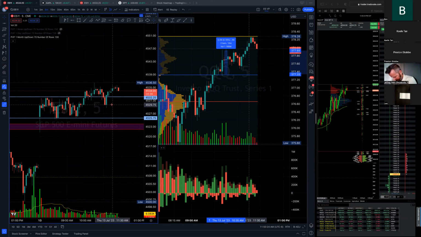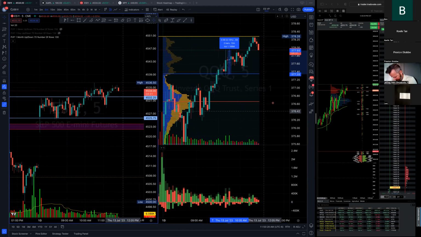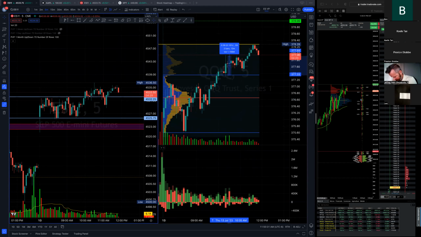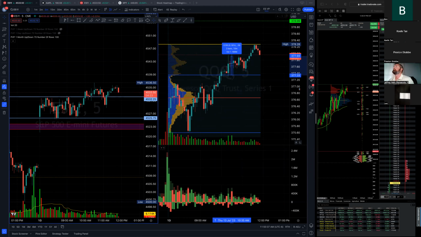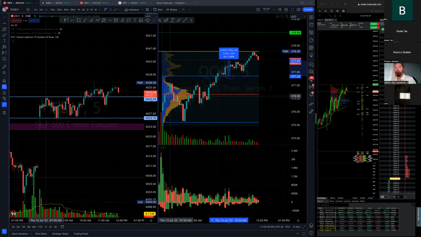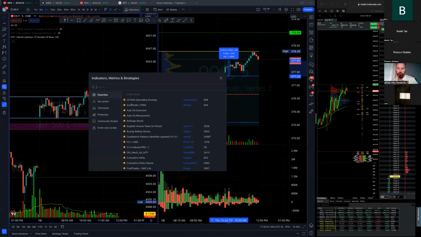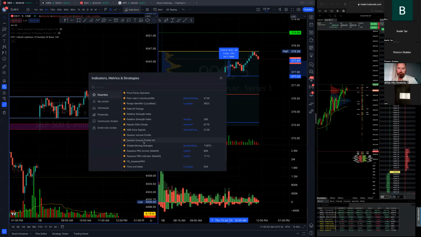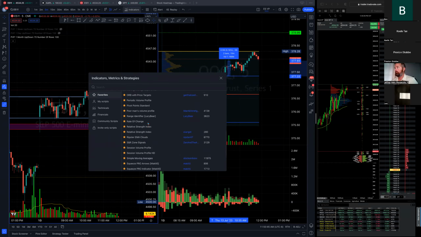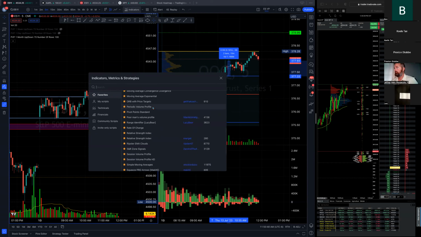Also, someone asked me about the volume profiles. This is not volume profiles, guys. On TradeDebate, this is not volume profiles. This over here is volume profiles, and the indicator is the periodic volume profile, which is this one right here. So that's the one I like to use.